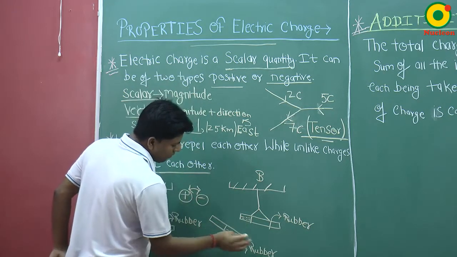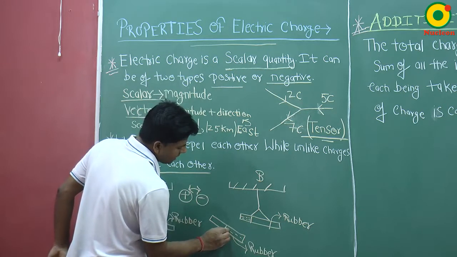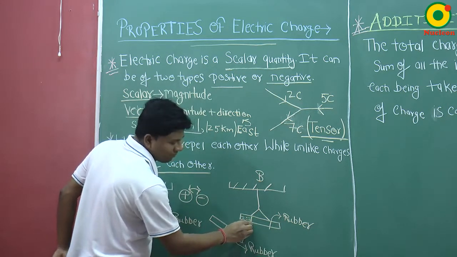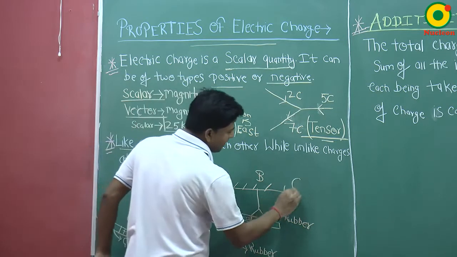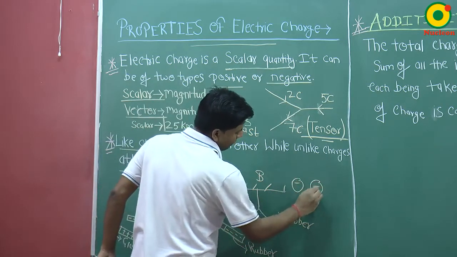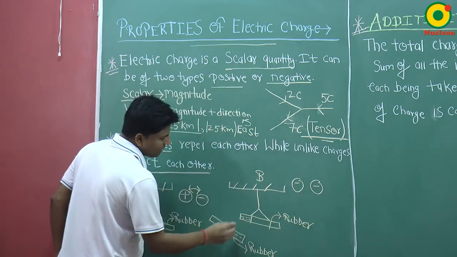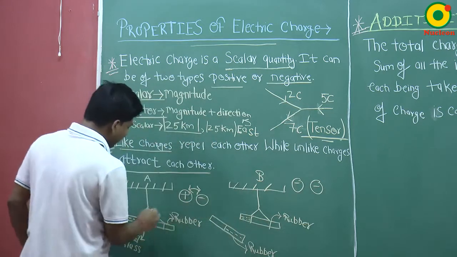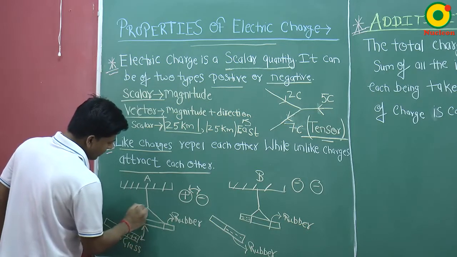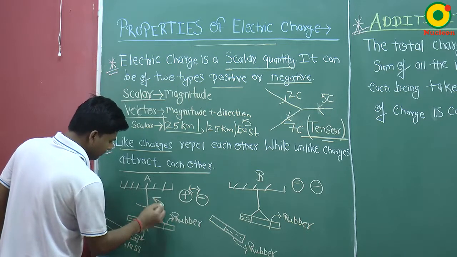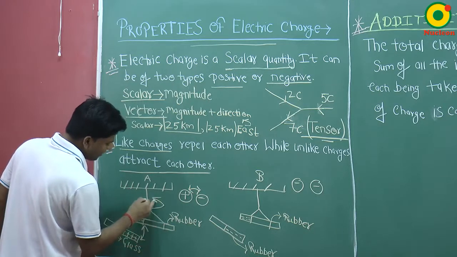And when we try to bring this rubber rod, or you can say rubber substance, near to this one, both have like charges, both are negative. So they tend to repel each other. So you will see in this case the rubber substance will move in this direction.